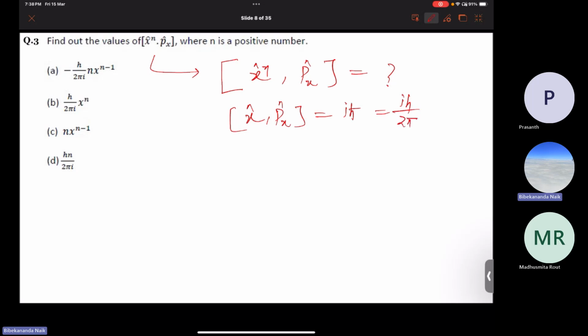So if the commutator relation of x cap, px cap is i h cross, then what will be the commutator relation of x to the power n and px cap? I'll give you a few minutes to try this. I request you to try on your own, and then we will discuss what will be the correct option out of these four.